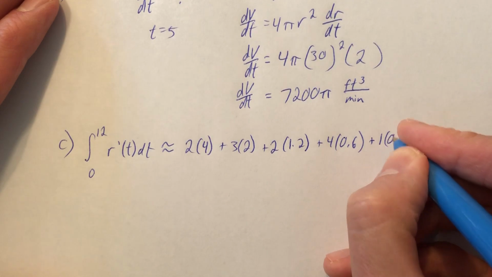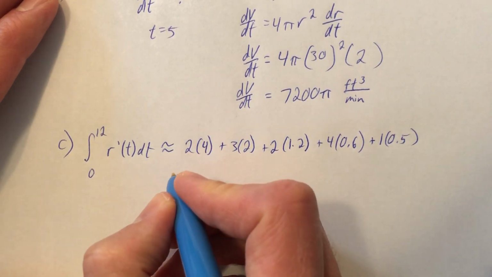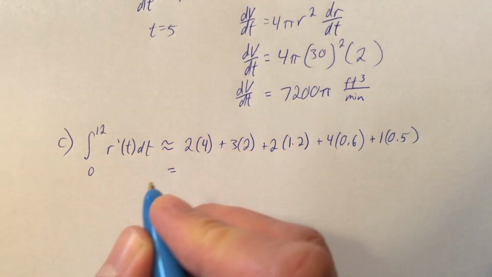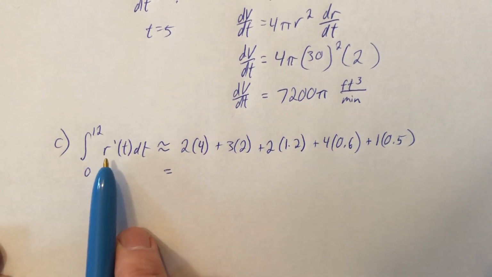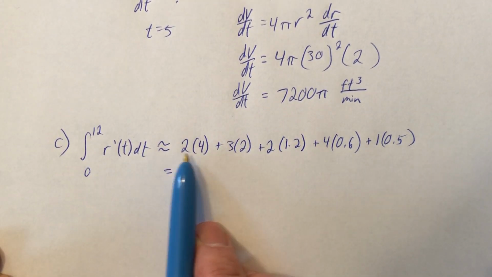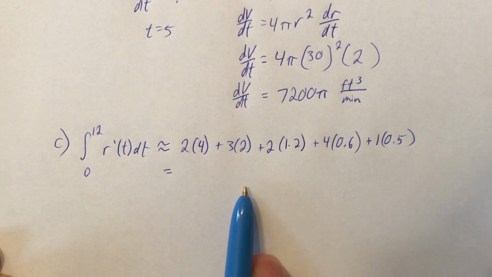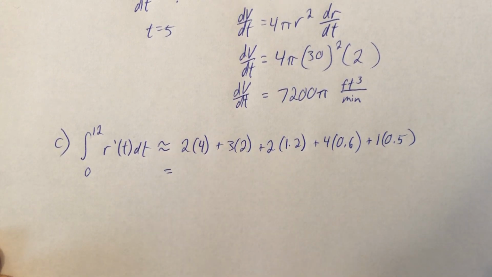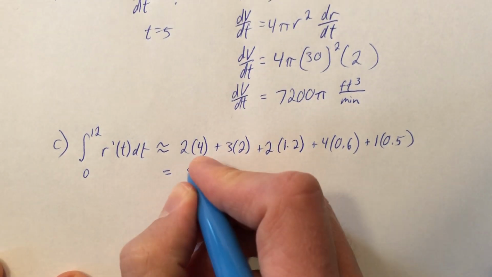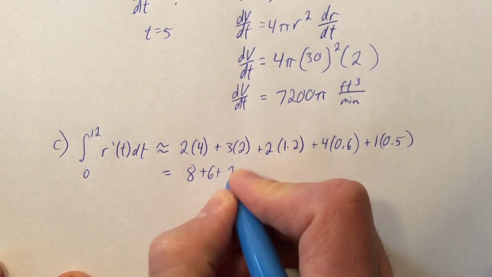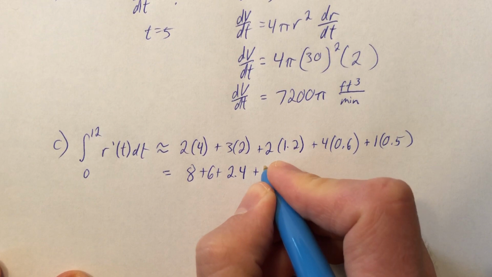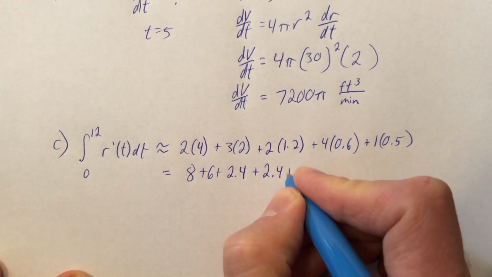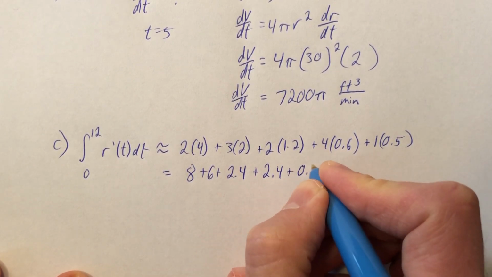1 times 0.5. Okay, and this is equal to, and it is truly equal to, like this is an approximation of this, but this is about to become an exact number right here. Okay, so I know I've gone from almost is to is, but yeah, it's different. 8 plus 6 plus 2.4 plus 2.4, again, plus 0.5.